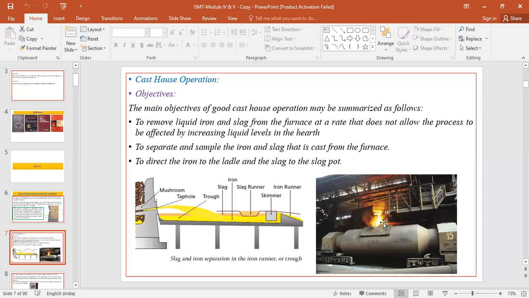And there is a small provision for collecting this hot metal. This small inlet is given just to avoid heat losses during its transfer from the blast furnace department to the steel melting shop.